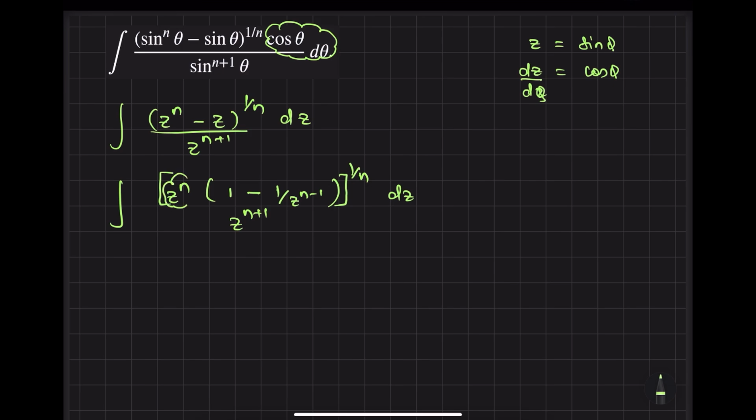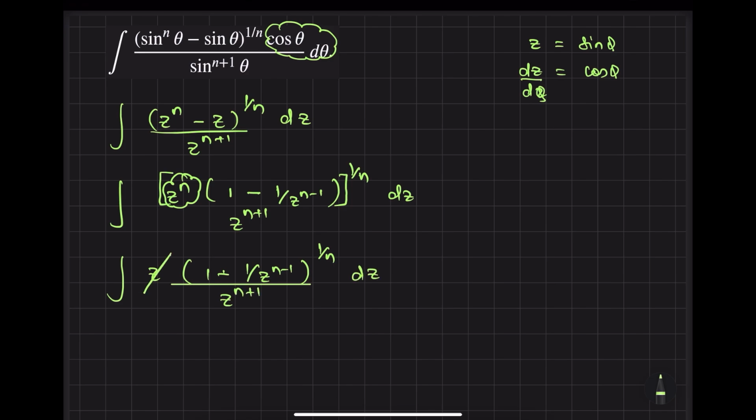Now ask this term to come outside, it will carry the power 1 by n. So we have (z^n)^(1/n), so it is z^1 only. So (1 minus 1 by z^(n-1))^(1/n) with z^(n+1) dz, correct?